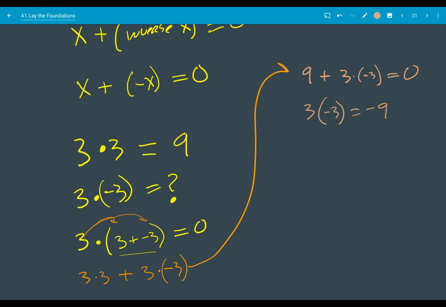Well, we can divide by 3 because there's this 3 here, and 3 is a factor of 9. So we end up with negative 3 equals negative 3, which is true, which means that 3 times negative 3 does indeed equal negative 9.